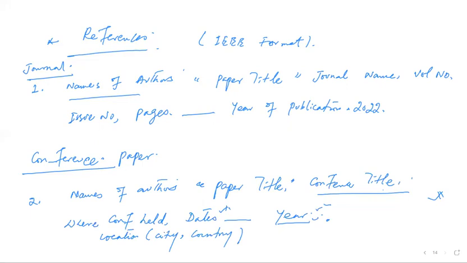Then the journal IEEE Transactions on Vehicular Technology, Volume 58, Number 7, pages 3000 to this, published in September 2009. Similarly, this paper and onward, you can see that he has cited almost 107 papers for this research paper.